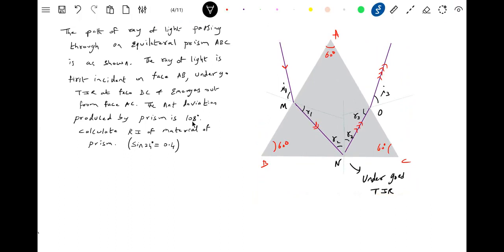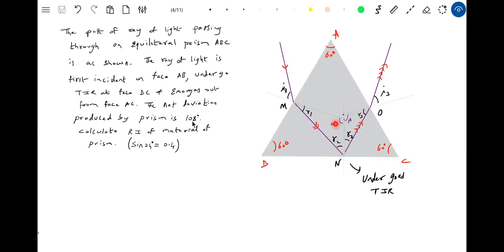This angle, let it be alpha. Are you seeing this one cyclic quadrilateral, M, B, N, and some symbol here? Then also one more cyclic quadrilateral, O, C, N, and this particular point.